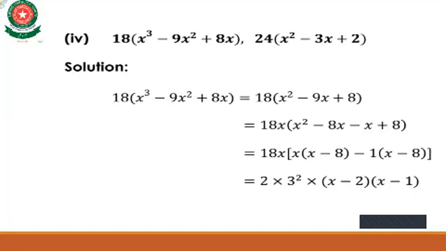You can break minus 9x as minus 8x minus x. Taking x common, remaining will be x minus 8. Minus 1 common, remaining will be x minus 8. You can write 18 as 2 into 3 square, into x into x minus 8 into x minus 1.